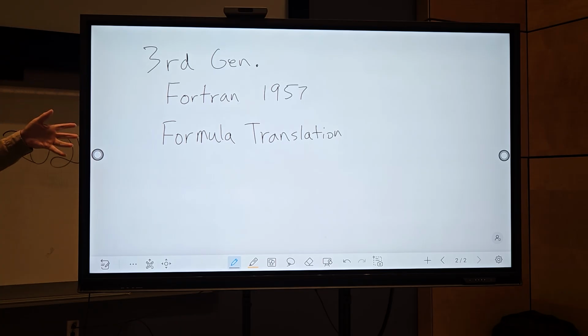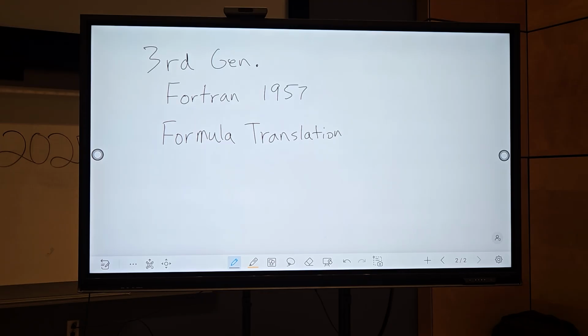It has evolved over the years. I don't know when the latest iteration came out, but the 1957 version is not what is used now.